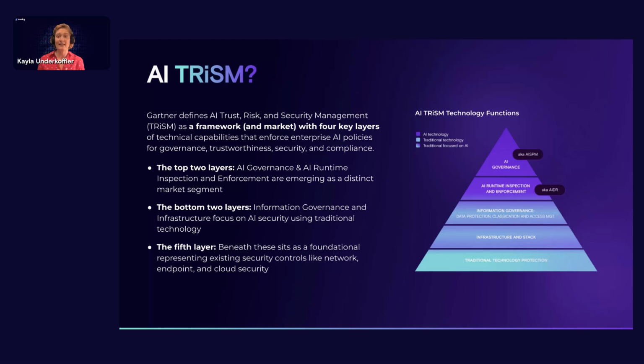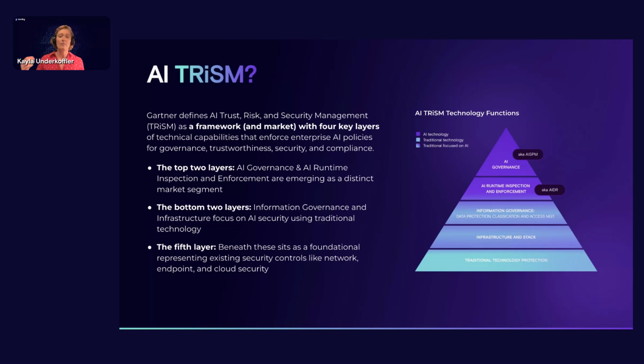If anything, this information governance layer and the infrastructure and stack, the foundations of security embedded within those layers, have become that much more important because of the scale now introduced with AI. It's more important that we enforce those foundations because of the capabilities and the scale of AI.